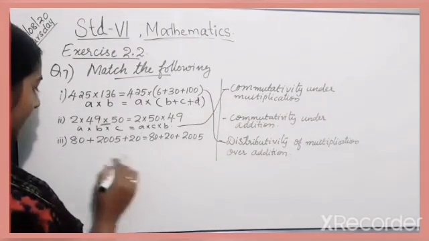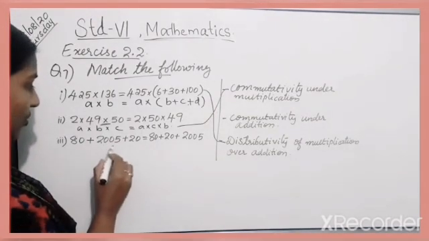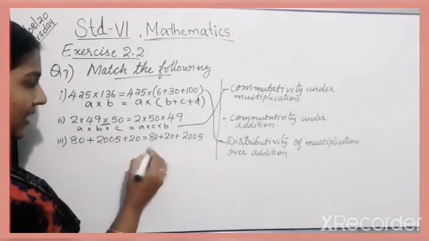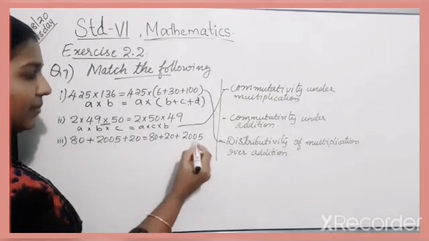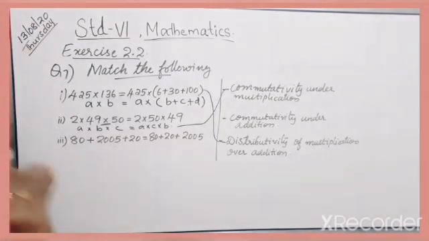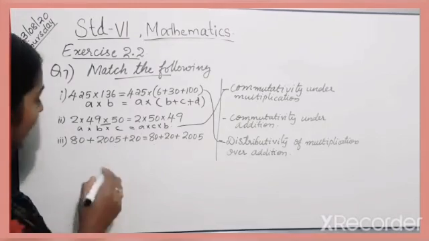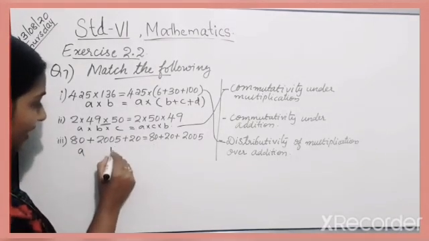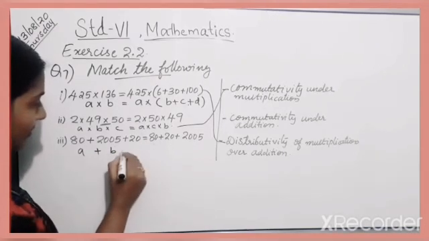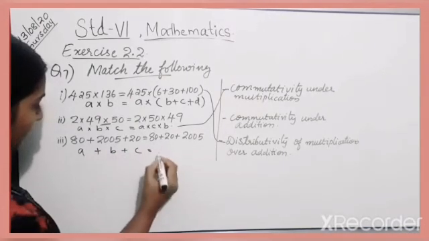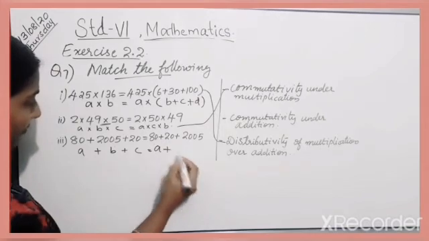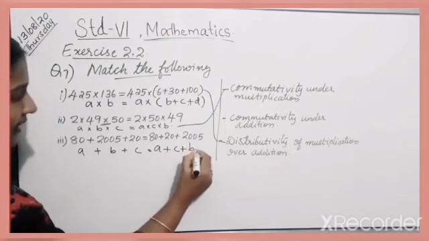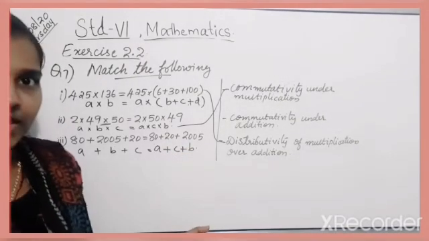Now the third one, 80 plus 2005 plus 20 is equal to 80 plus 20 plus 2005. Here the 3 numbers are being added, isn't it? So if I am writing A plus B plus C is equal to A plus C plus B, what is the meaning of this?